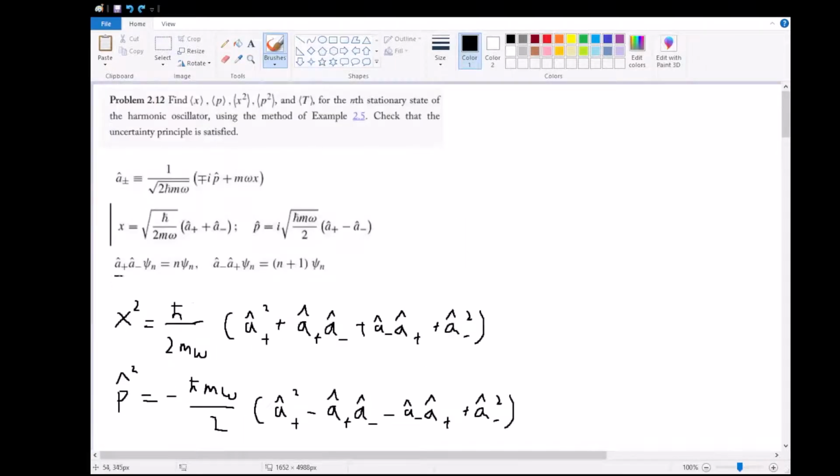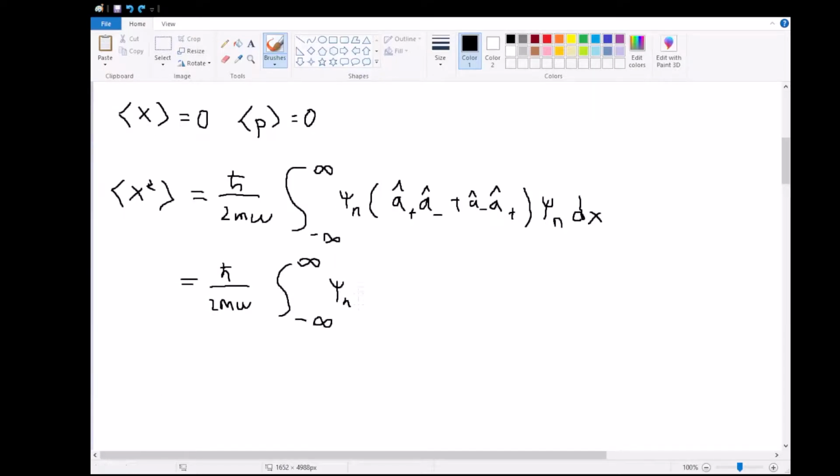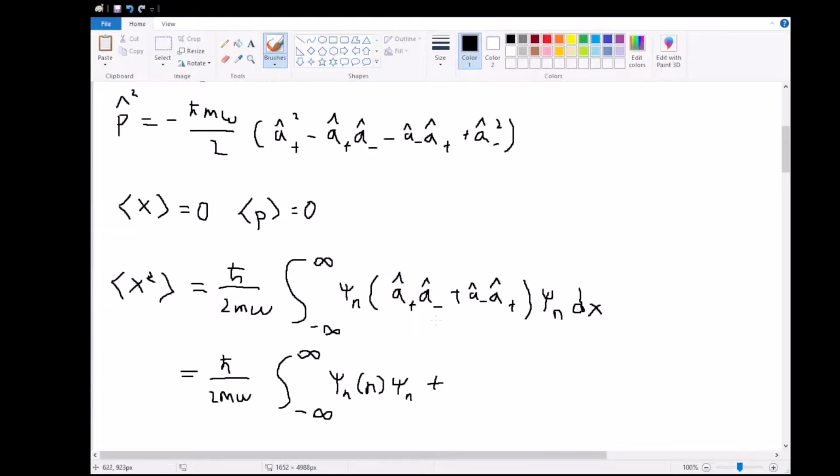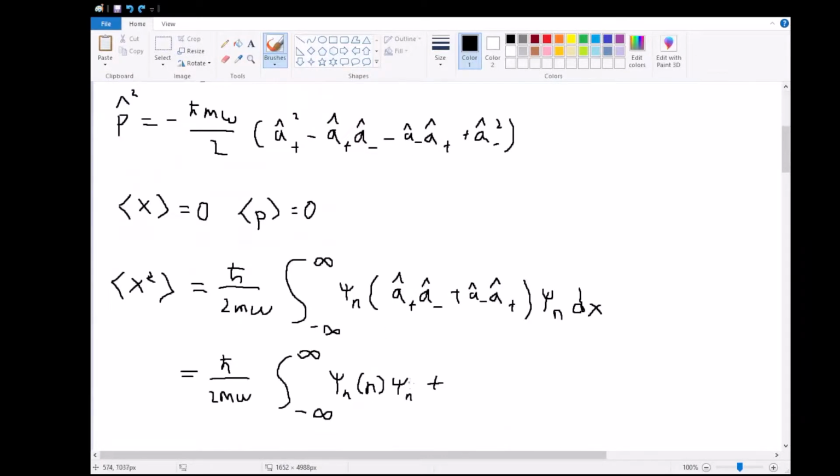We know that a hat plus a hat minus acting on psi n gives us n psi n. So psi n times n psi n. And then we add psi n times a hat minus a hat plus acting on psi n, and we know that that gives us n plus 1 times psi n. So psi n times n plus 1 psi n.